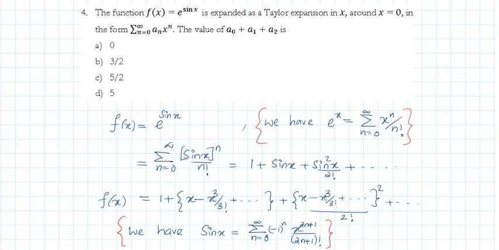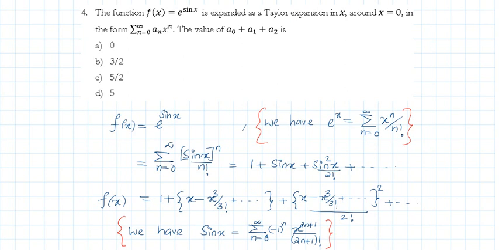The expansion of sin x is x minus x cube by 3 factorial plus etc. We are not interested in the higher order terms because in the question you want to evaluate the sum of coefficients of the terms x raised to 0, x raised to 1 and x raised to 2. So no need to worry about the higher order terms.